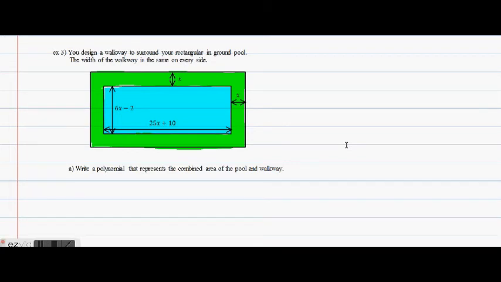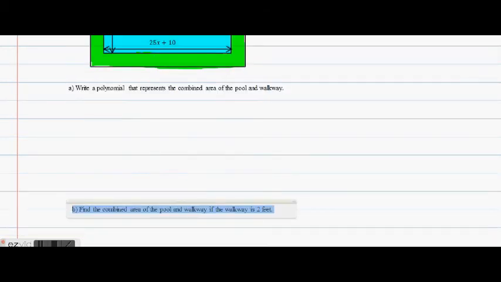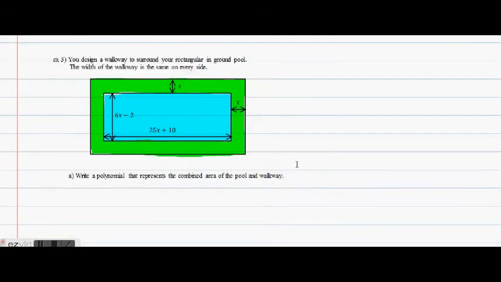So you're designing a walkway to surround your rectangular in-ground pool. So you already have this pool there, and you want a walkway around it. The width of the walkway is the same on every side. So do you notice the width of the walkway is x?